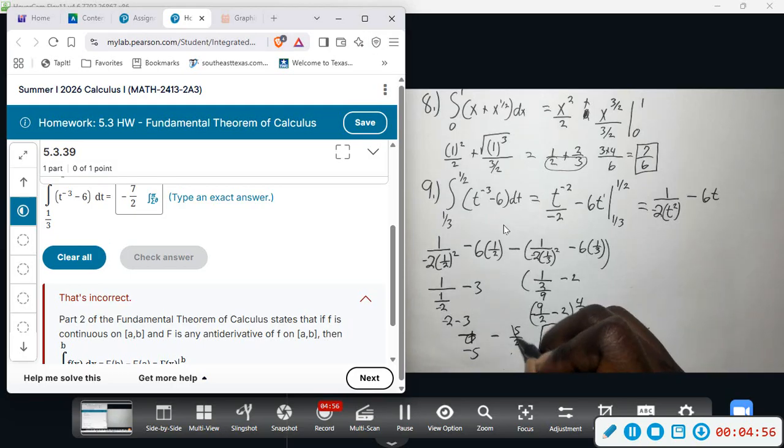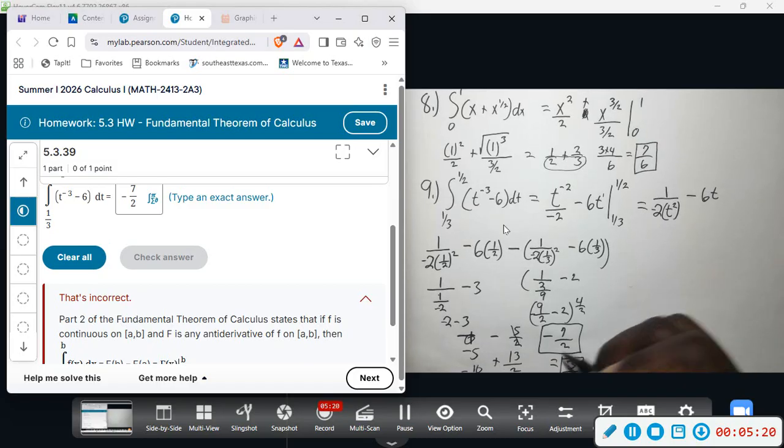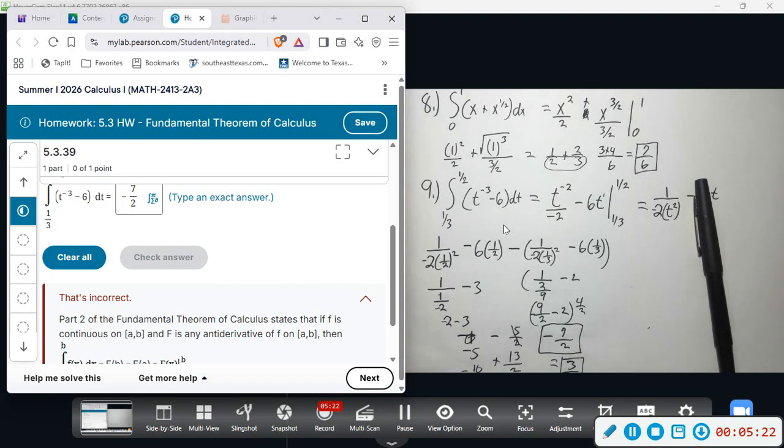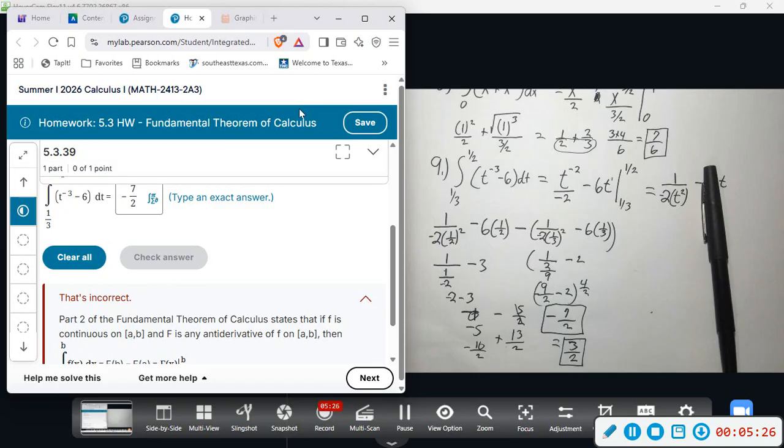So this should be 13/2 negative times a negative, so this will be positive. And then this will give me 10 over 2 when I get a common denominator. Negative, subtract, and we should get positive 3 over 2. Okay, sorry, made a mistake with that sign. We should get a positive 3 over 2 at the end.